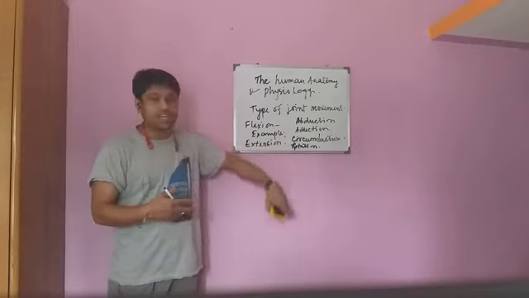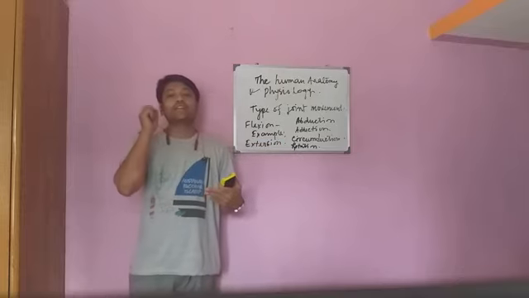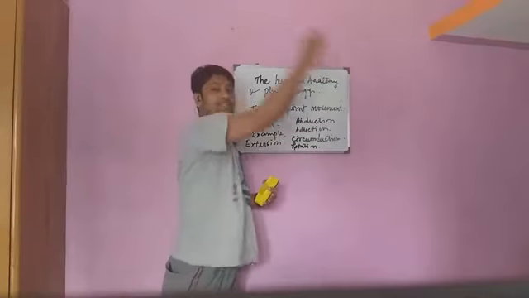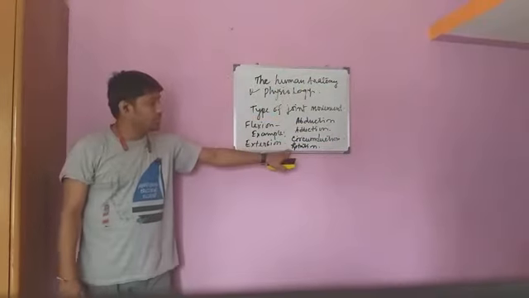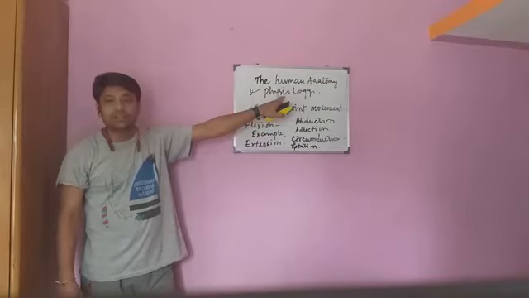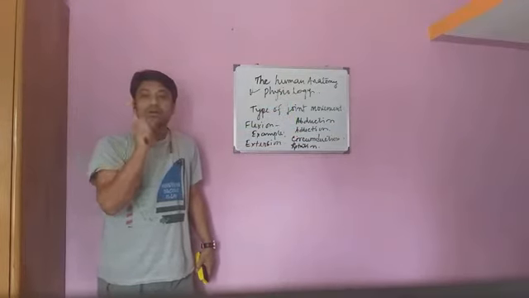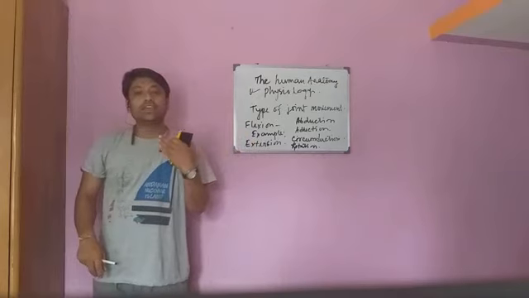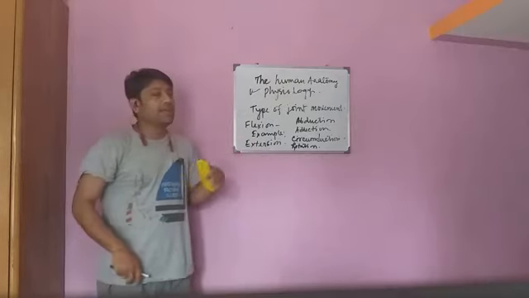And circumduction occurs at the shoulder joint during an overarm tennis service. And rotation is also another joint movement, at the hip in golf while performing a drive shot.